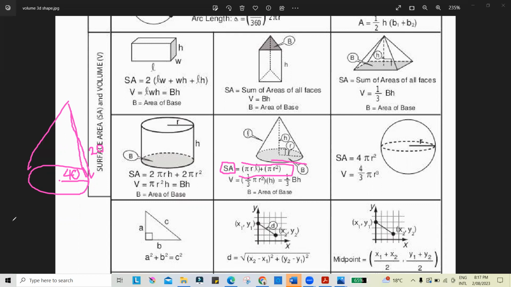Can you find it now? I write it here as surface area equals πrl plus πr², right? I will email this sheet again to you. Maybe I haven't sent this one.